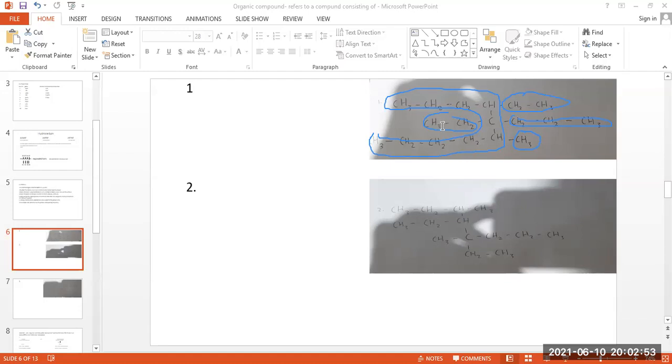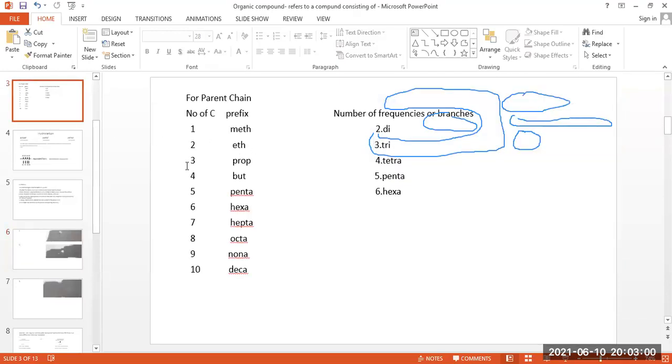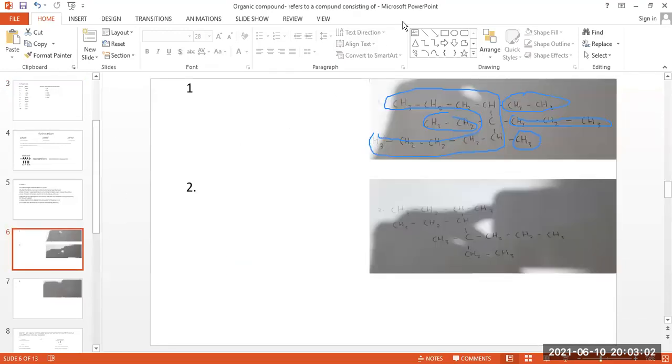We name this branch as ethyl. As the rule here, it's eth, so we name that ethyl and add yl. This is ethyl. This one here is also ethyl because it has 2.